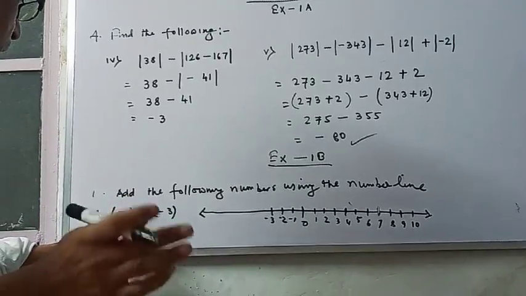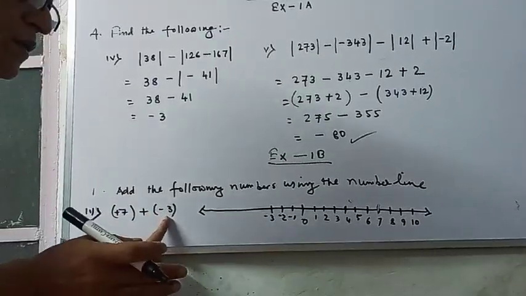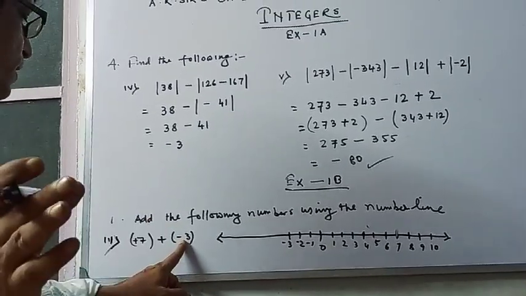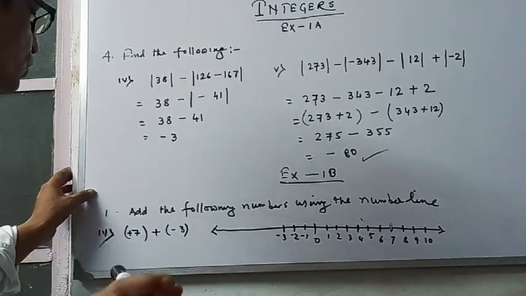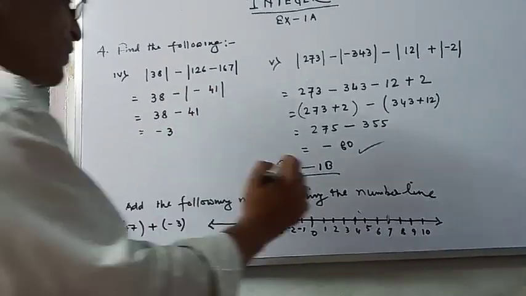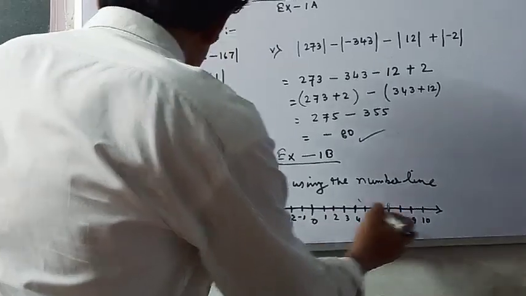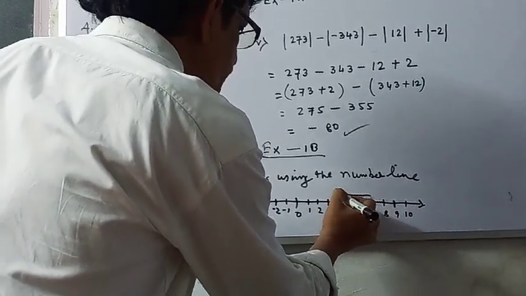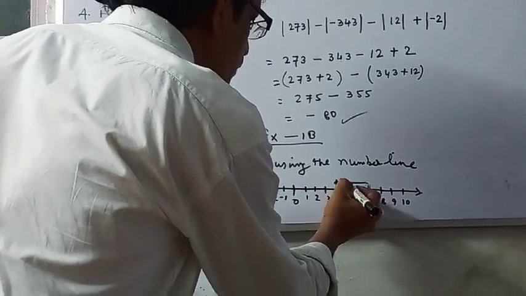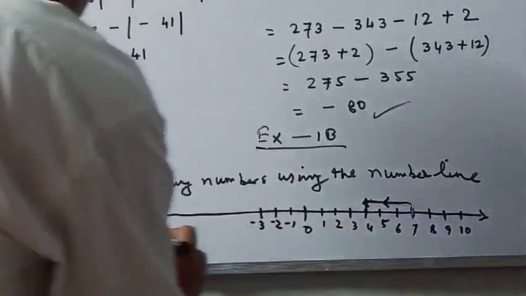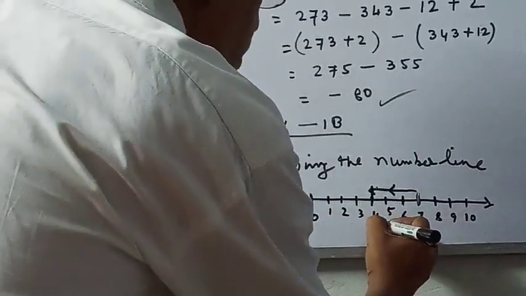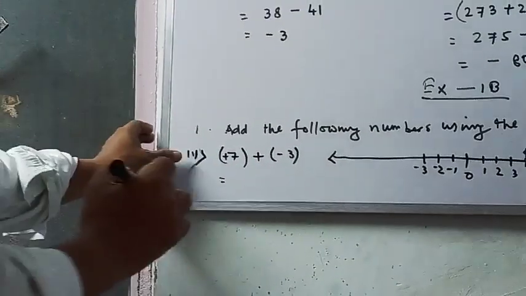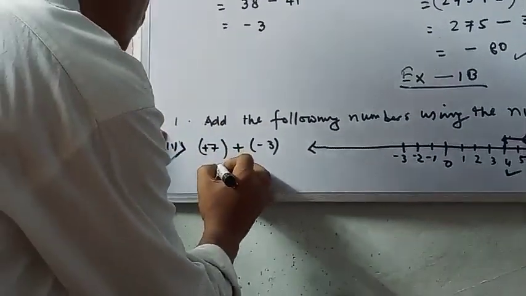You have to add a negative integer with a positive integer, so you have to move left from the given integer. Given integer is 7. You have to move left 3 steps. Therefore you reach at 4. So plus 7 plus minus 3 equals plus 4.